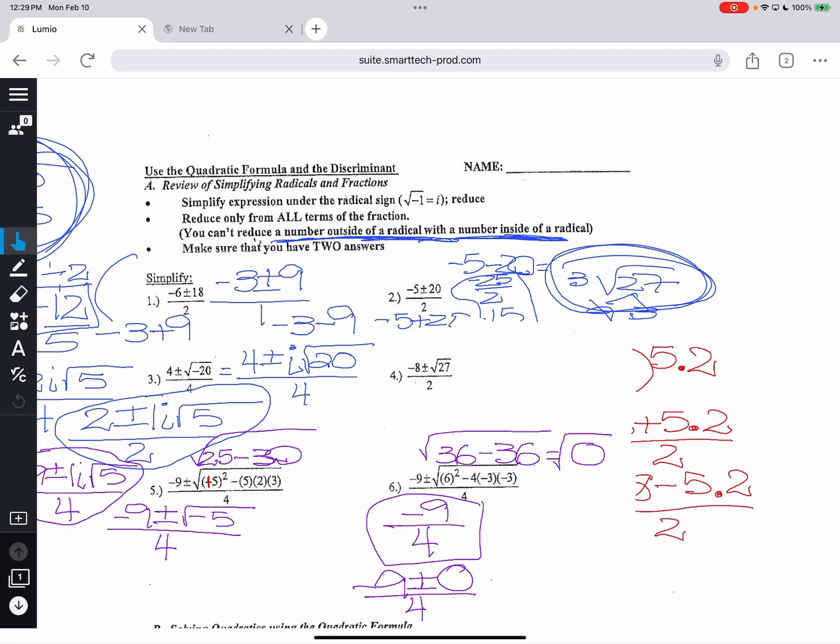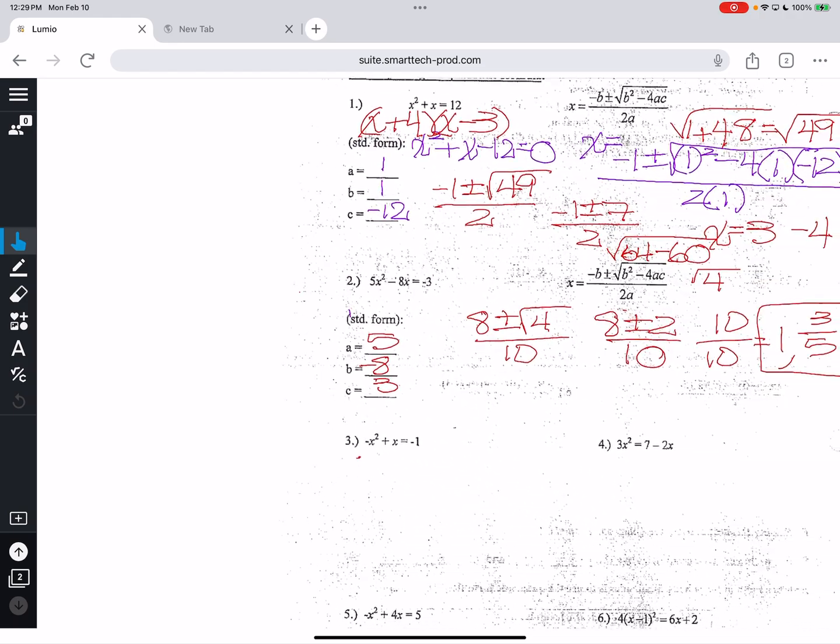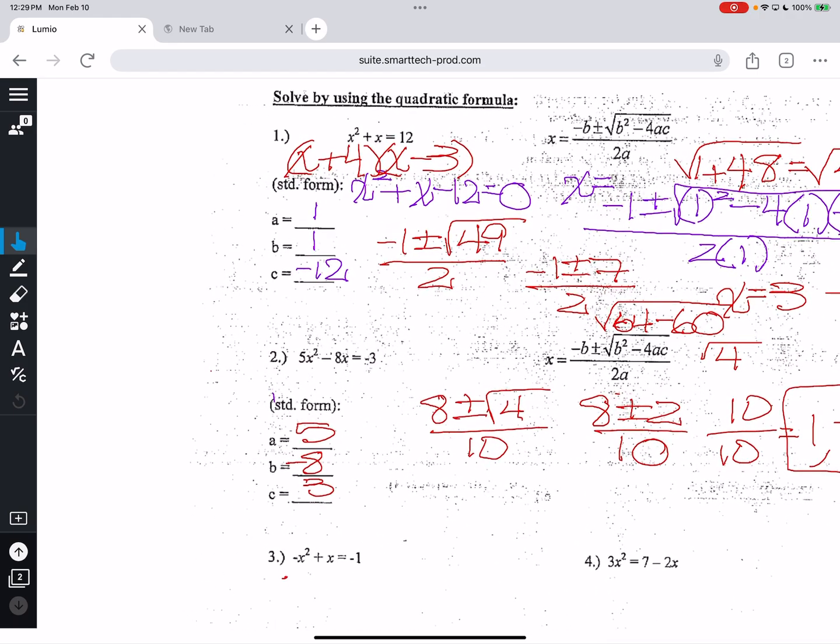So we worked through the first page of this last class, and we ended up finishing 1 and 2 from the back. And remember, you have to have your equation in standard form, ax squared plus bx plus c, and then your a, b, c is used.